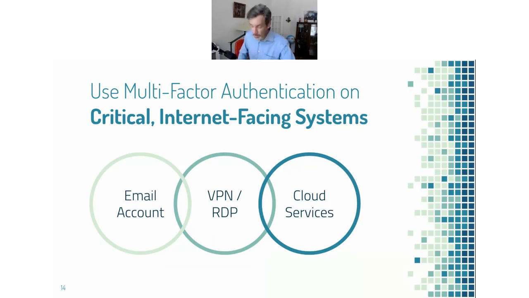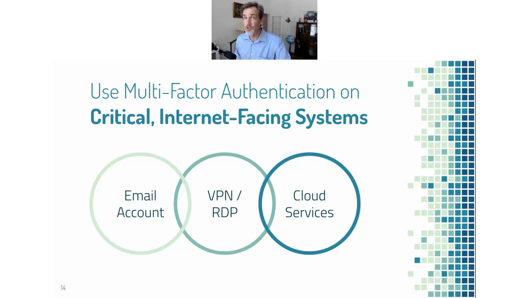Another place that's also commonly overlooked is VPN systems. I see a real false sense of security around VPN systems. A lot of IT people think that the VPN protects us because it's encrypted. Sure, it's encrypted, but it's only as strong as that one password chosen by one user. So multi-factor authentication is really important on your VPN systems and also on any kind of remote desktop protocol endpoints that you may have.